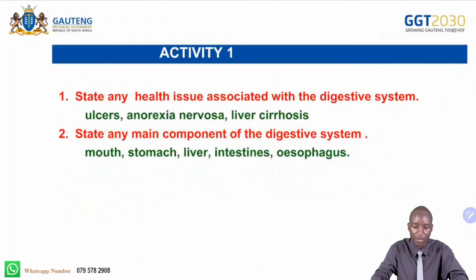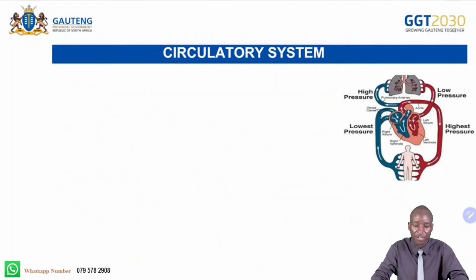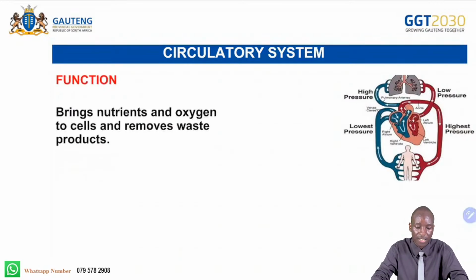Let's get moving. Let's look at the circulatory system. It is another system that we have to look at. The function of this system is to bring nutrients and oxygen to cells and remove waste products.